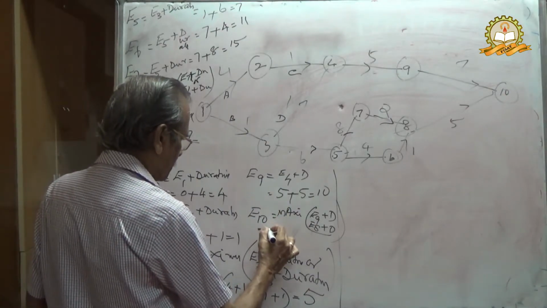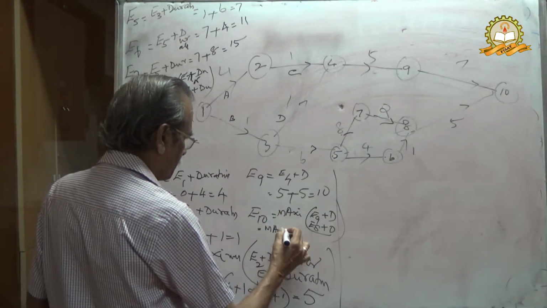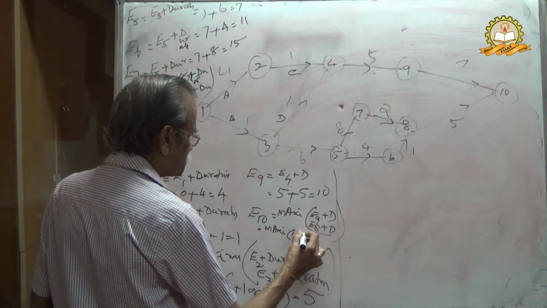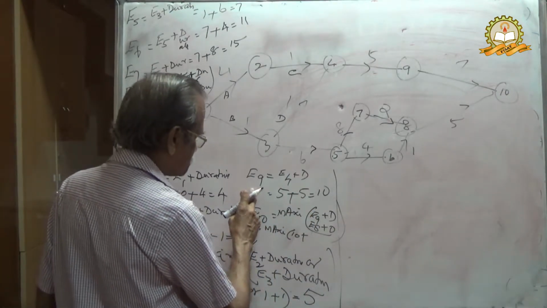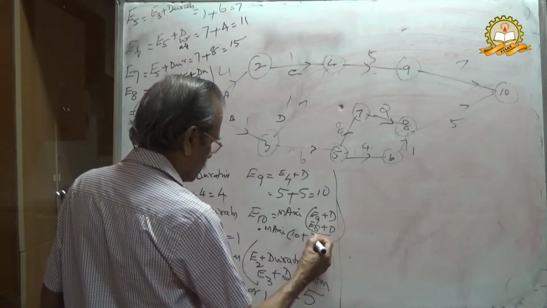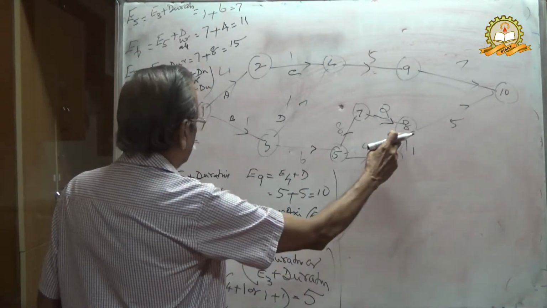Therefore, you can write the maximum of 10 plus 7, that is E9 plus 7, or E8.